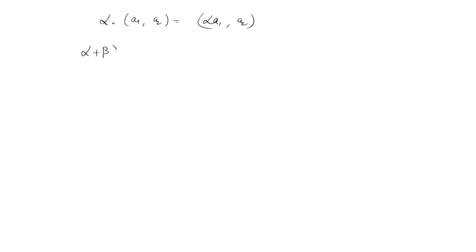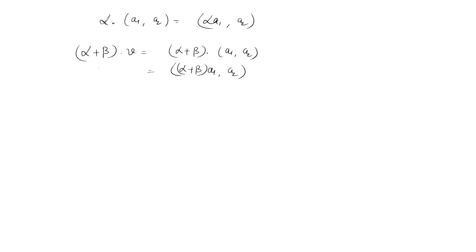Now, if you take this property, (alpha plus beta) dot V, by this definition it is (alpha plus beta) A1 and A2.